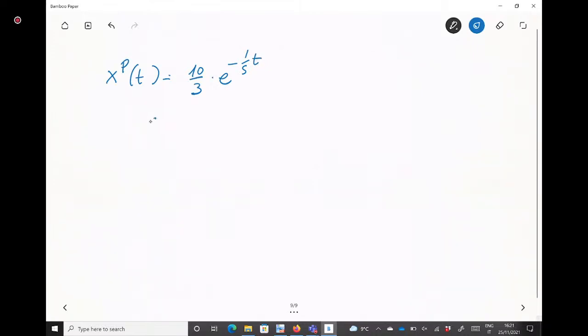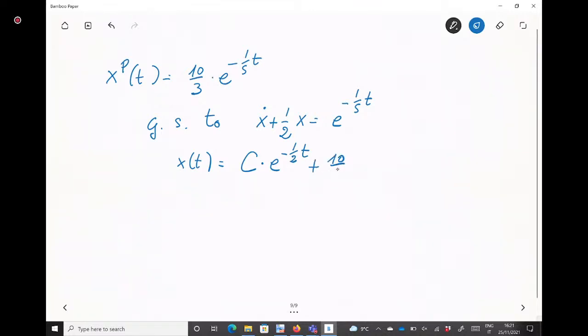So the general solution to x dot plus 1/2 x equal to exponential minus 1 over 5t is x(t) equal to c times the exponential minus 1/2 t, plus 10 over 3 exponential minus 1 over 5t.